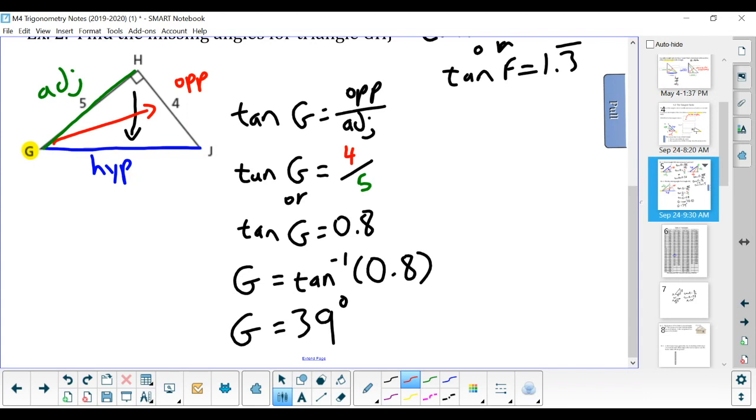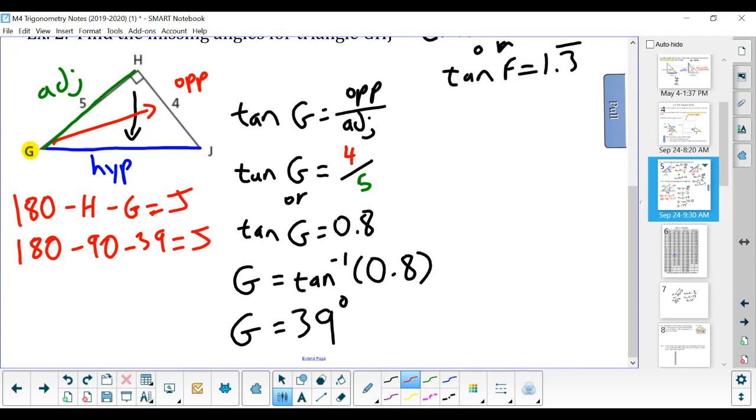That being said, if we take 180 degrees and subtract H and subtract G, this should give us angle J. So we're going to take 180, subtract 90, and subtract angle G, which we found was 39 degrees, and that should give us angle J. So at the end of the day, we end up getting 51 degrees as angle J.